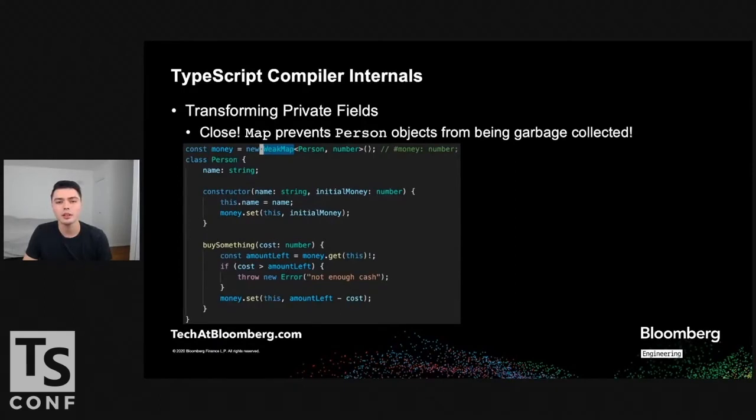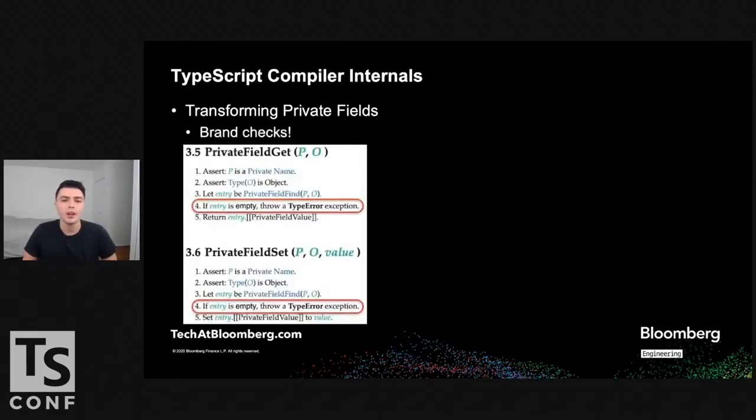Now, the only thing left is brand checks. The runtime semantics part of the spec tells us that if we try to access or set a private field on an object that doesn't have the private field defined, so it wasn't created with the constructor of the class that we're working with, then we have to throw a type error exception.